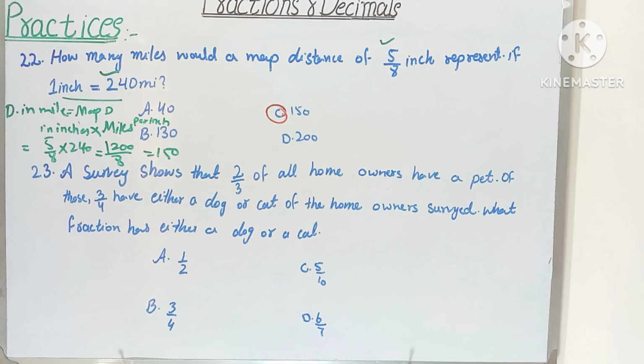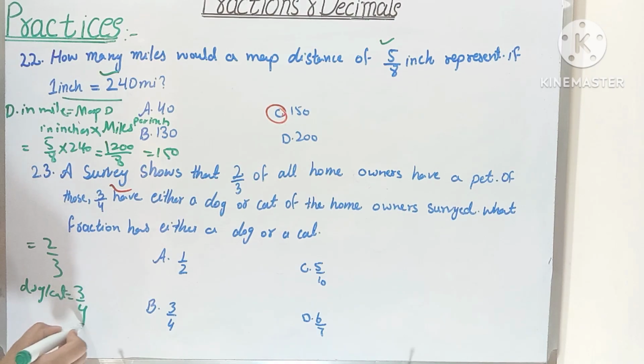Question number 23. A survey shows that 2/3 of all homeowners have a pet. Of these, 3/4 have either a dog or a cat. Of the homeowners surveyed, what fraction has either a dog or a cat? To find the fraction of homeowners who have either a dog or a cat, we multiply the fraction of homeowners who have a pet by the fraction of pet owners who have either a dog or a cat. The fraction of homeowners with pets is 2/3. The fraction of pet owners with a dog or cat is 3/4.